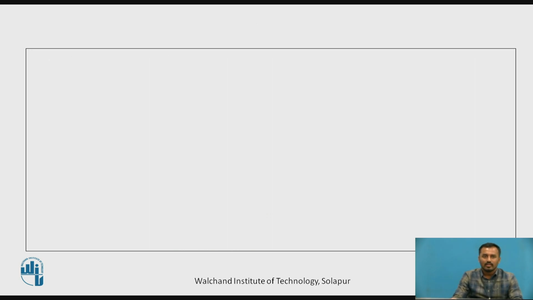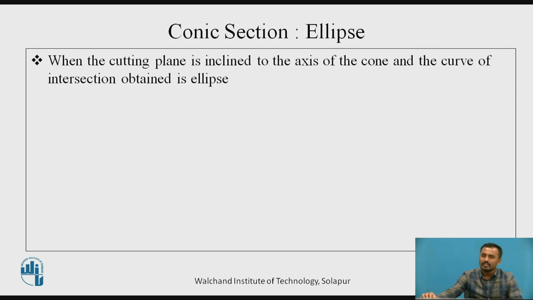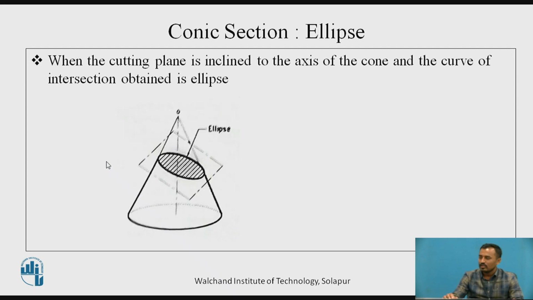And after this, we are going to see when the cutting plane is inclined to the axis of a cone, but the inclination is more than the included angle of the two slants of the cone.